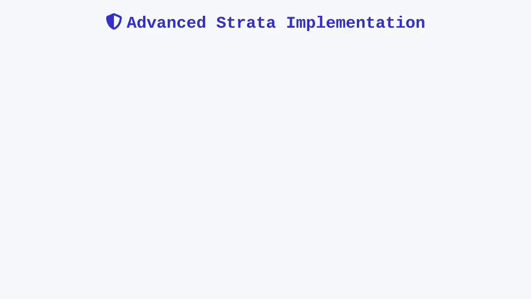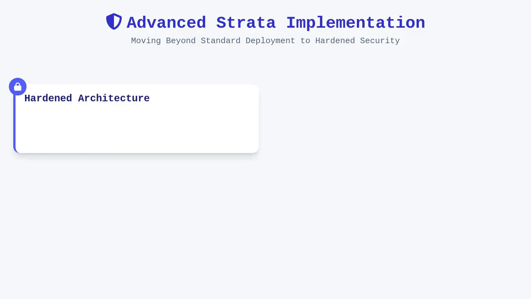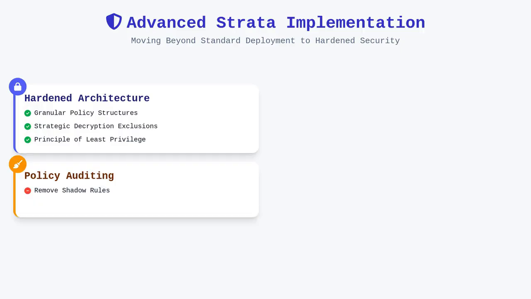The distinction between a standard firewall deployment and a hardened Strata implementation often lies in the details of the policy structure and decryption exclusions. Always prioritize the principle of least privilege, ensuring that every security policy rule is as granular as possible while remaining manageable. We reviewed how to audit these policies regularly to remove shadow rules and ensure that our application defaults are not overly permissive.